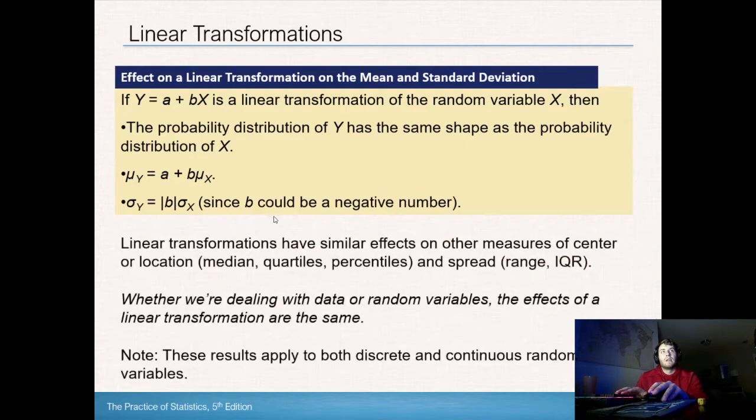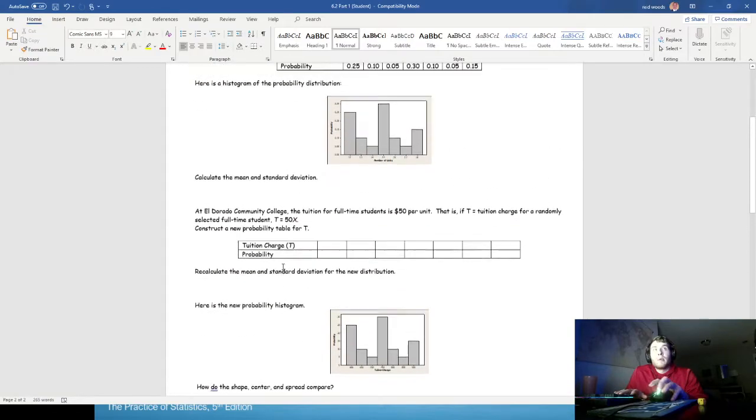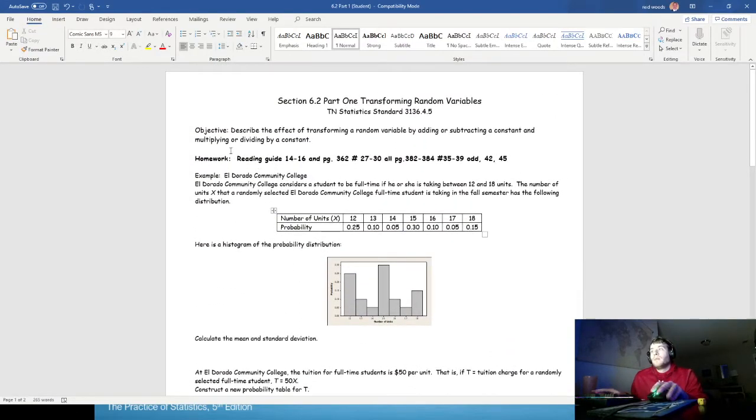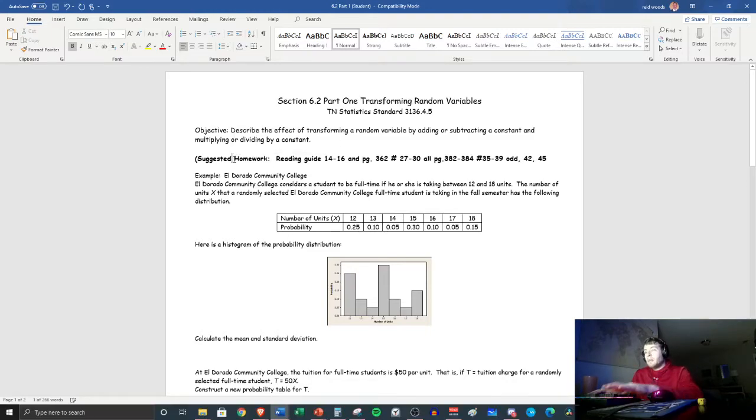Okay. All right, so let's move on. That is transforming information. Let me go ahead and show you what I'm going to be having you do. This is suggested. So this is an assignment that's going to be on Kidam.